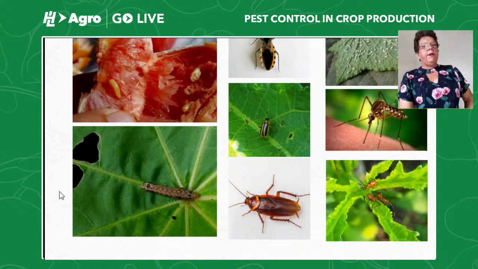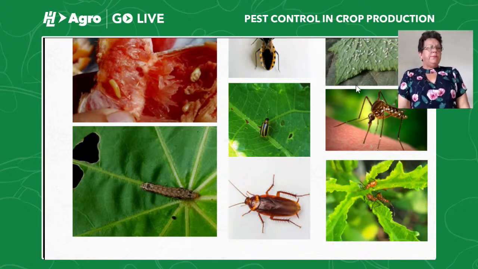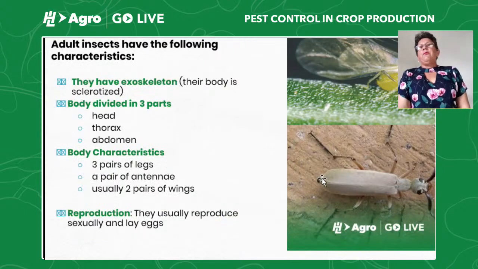I'm going to review with you the characteristics of insects. Adult insects have the following characteristics. They have an exoskeleton. Their body is sclerotized. Their body is divided into 3 parts: head, thorax, and abdomen.